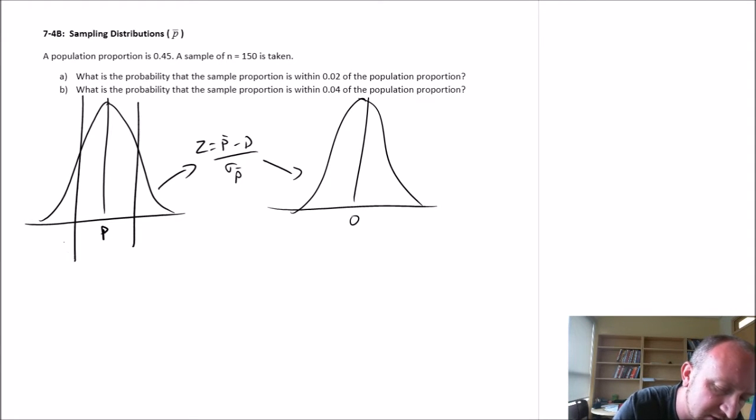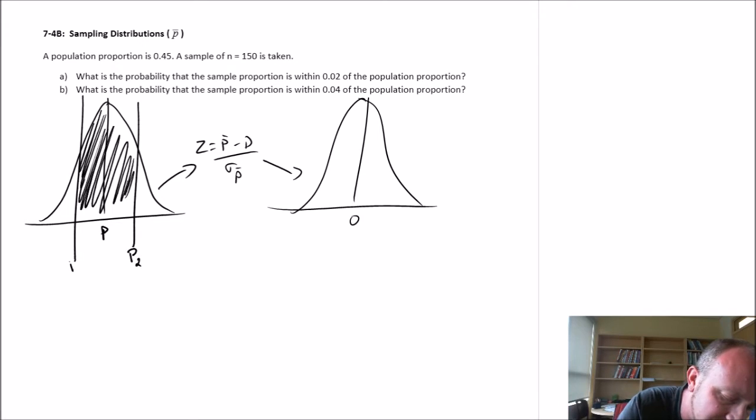So we've got this range, and I want to know what's the probability that we're within that range. So let's call this p2 and p1. So I want to know the probability that my sample proportion is between p2 and p1.